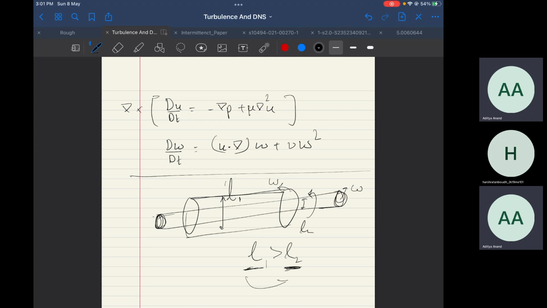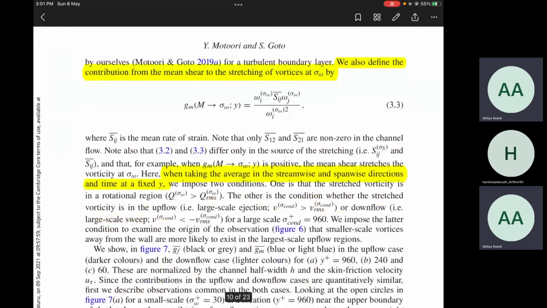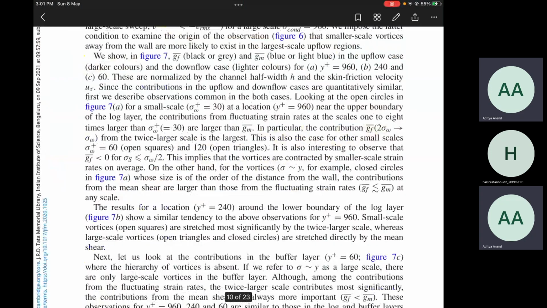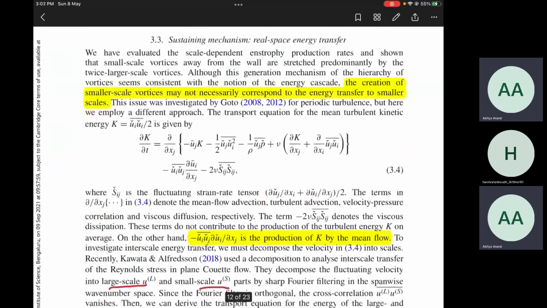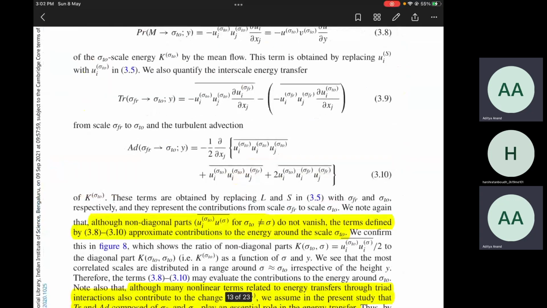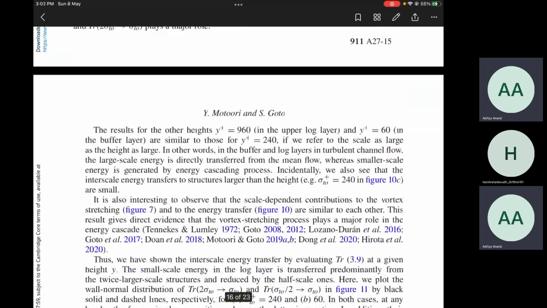So that's how they say that the energy transfer happens, and people have checked this one as well. What people do is they check the alignment statistics of it. I don't know if they have done this or not.